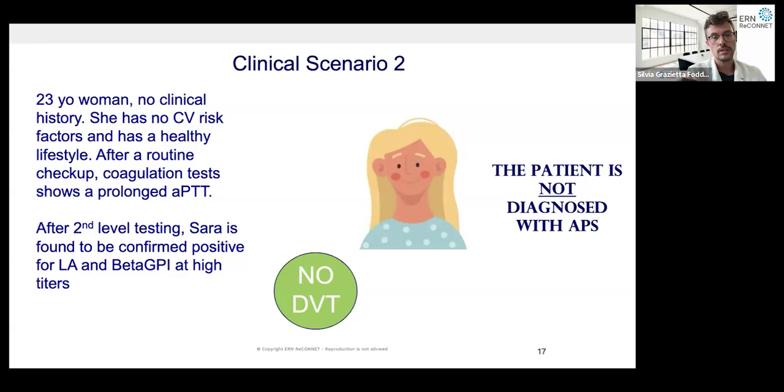The patient has no clinical manifestation, so no thrombotic manifestation, and she's not diagnosed with APS. We call this kind of situation an APL carrier.